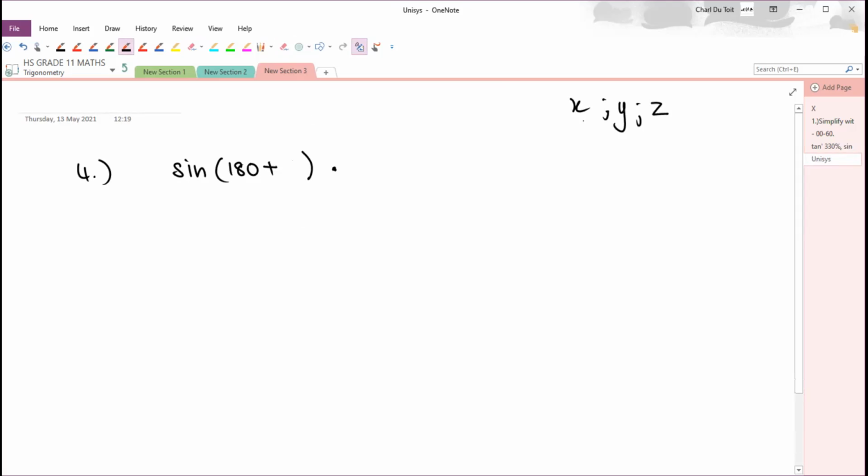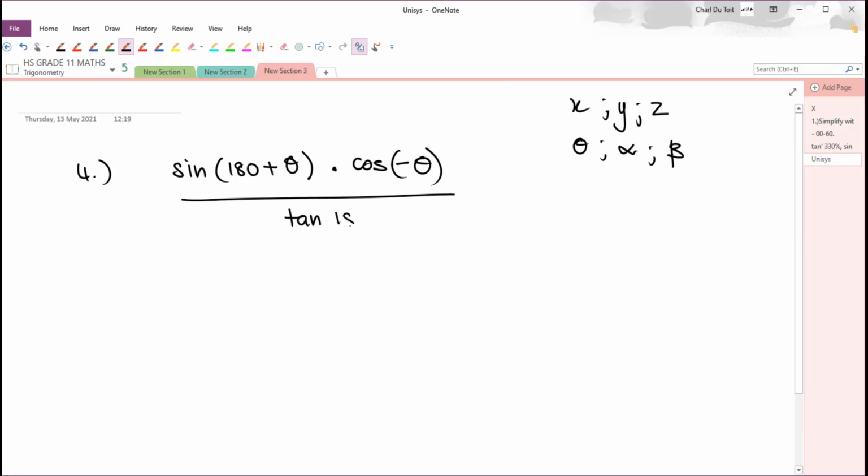In trig, we like using theta, alpha, and beta, but they can use x, y, and z as well. So let's use theta for now. They can ask you, what is sin of 180 plus theta times cos of minus theta divided by tan of 180 minus theta.